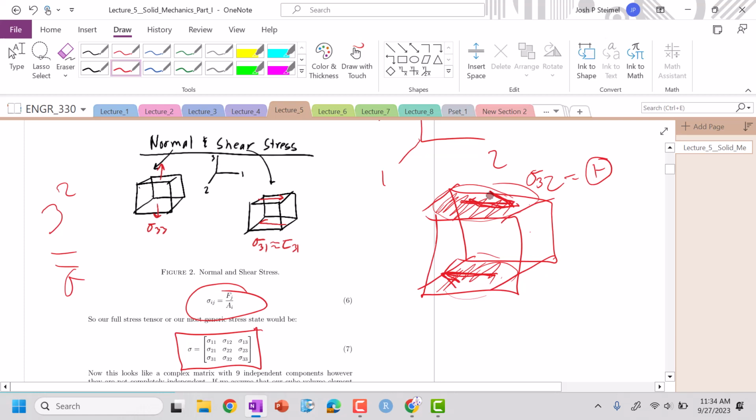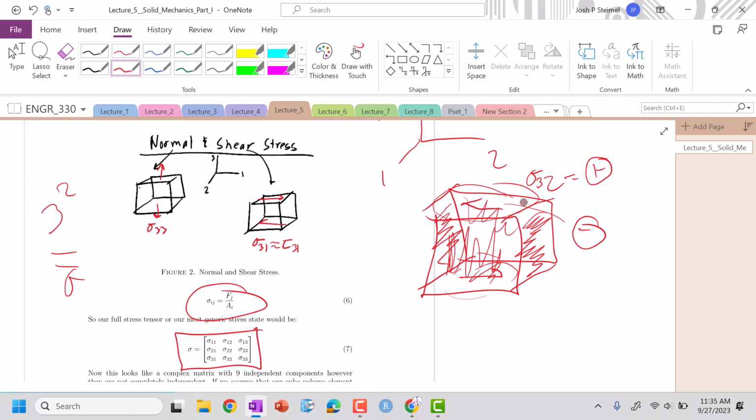If it were flipped, so for example, if I drew it like this and this, so on my positive surface, if it's pointing in the negative 2 direction, this would be a negative shear stress. And the same thing here: I'm going to define this as my positive face here, my negative face here, and then my positive face will be out of the board here, and the negative face will be into the board there.